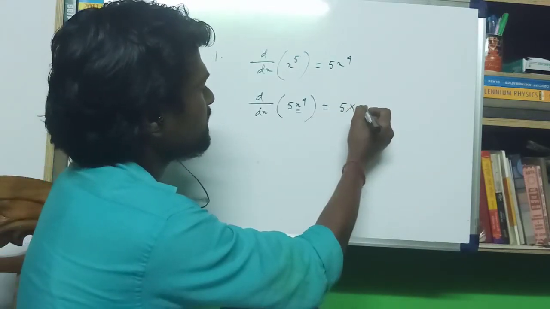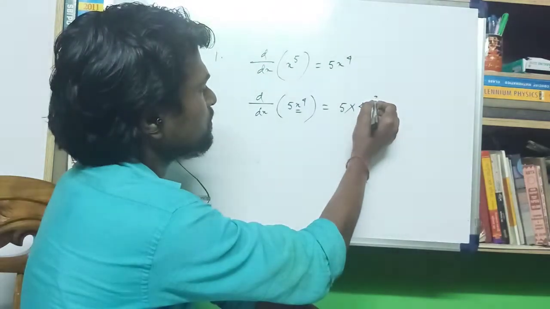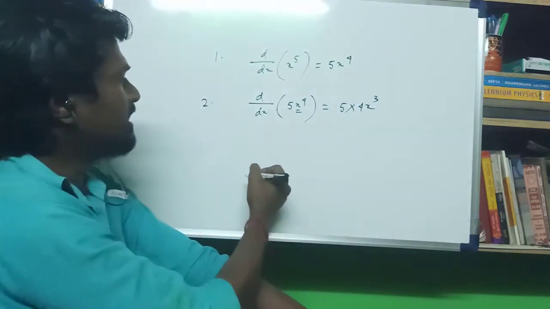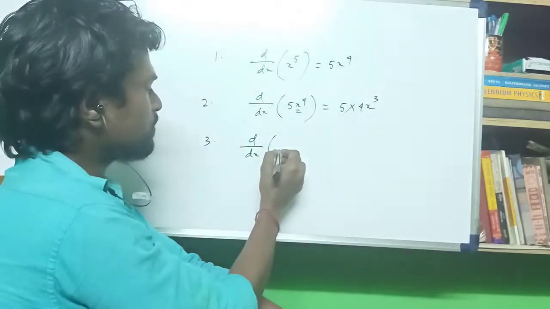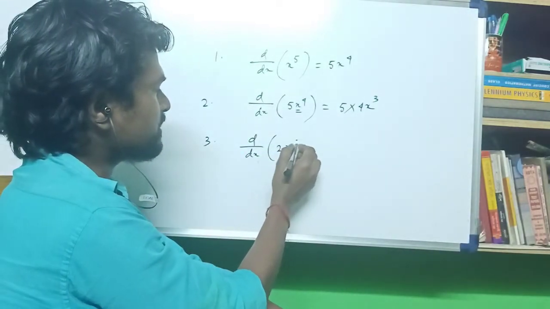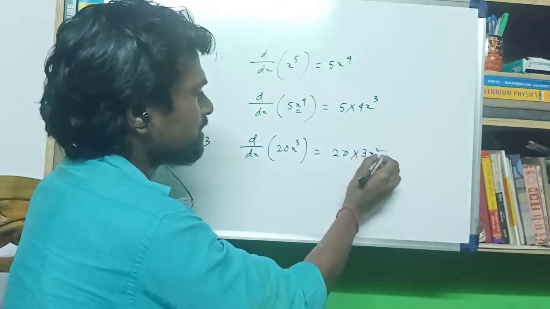Derivative of x to the power of 4 means 4x to the power of 3. Again, d/dx of 20x to the power of 3, that is 20 into 3x square.